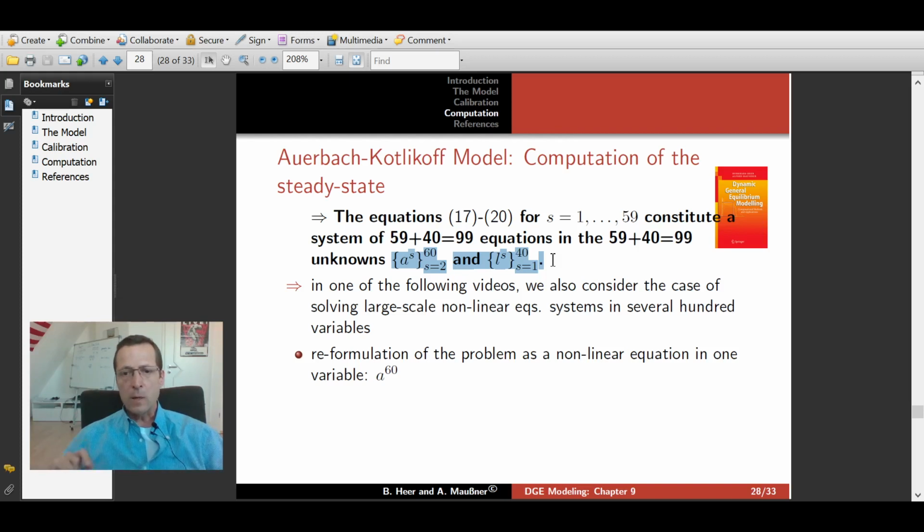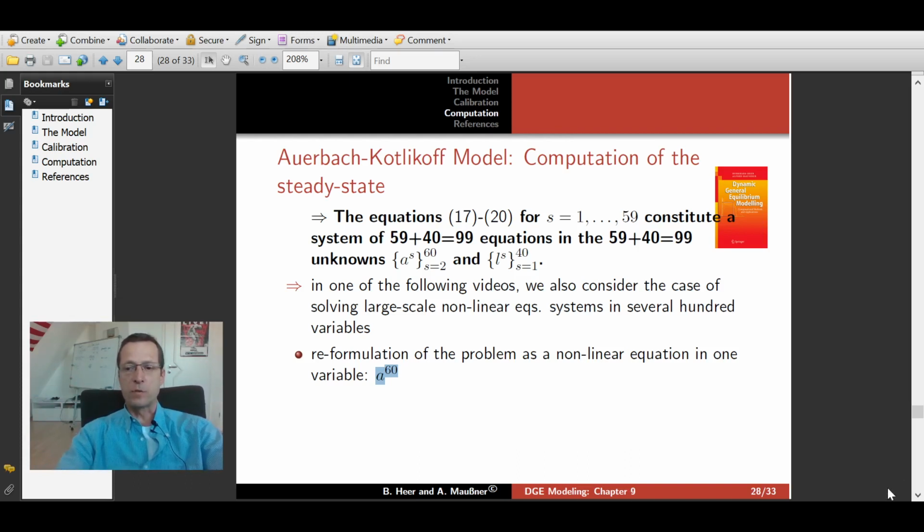In the following, however, we profit from the recursive structure of the problem and transform this nonlinear equation problem in 99 variables into a nonlinear equation problem in only one variable, and that's the variable A60, the wealth level that we attain in the last period of our life when we have S equal to 60.